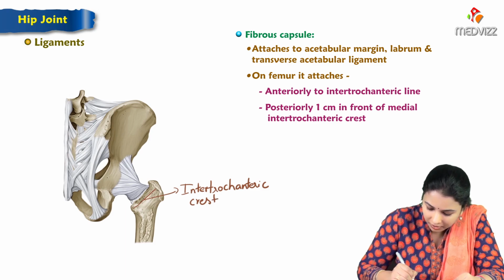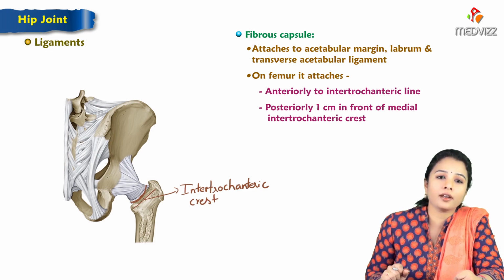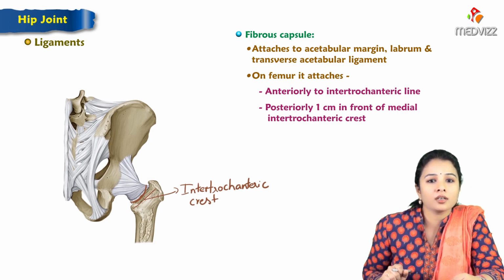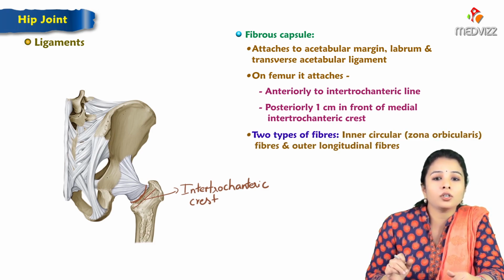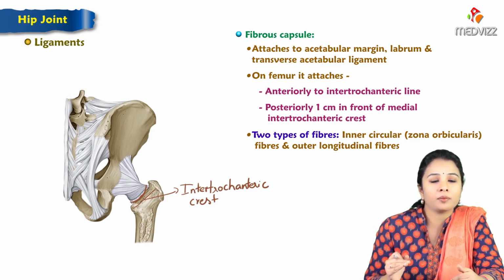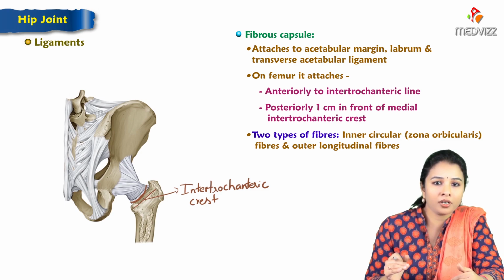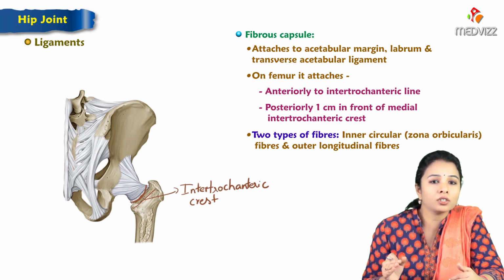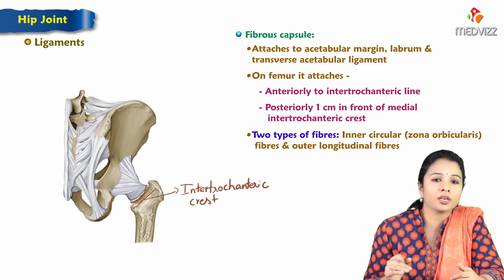So 1 centimeter medial to the intertrochanteric crest is the posterior attachment of the fibrous capsule. It has two types of fibers: inner circular fibers called zona orbicularis, and outer longitudinal fibers which are reflected along the neck towards the head to form the retinacula.